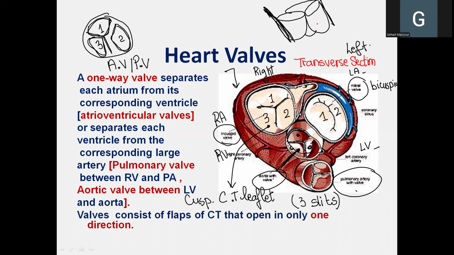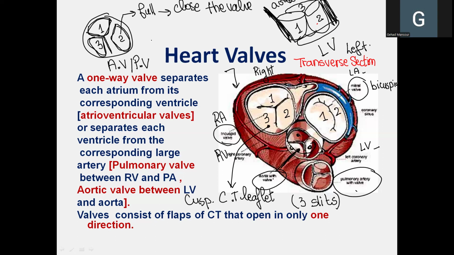So these are the walls of the aorta, and the valve is present at the beginning of the aorta. This is the left ventricle, this is the aorta, and those are the three pocket-like structures or cusps. Of course, when these pockets are full of blood, they close the valve.